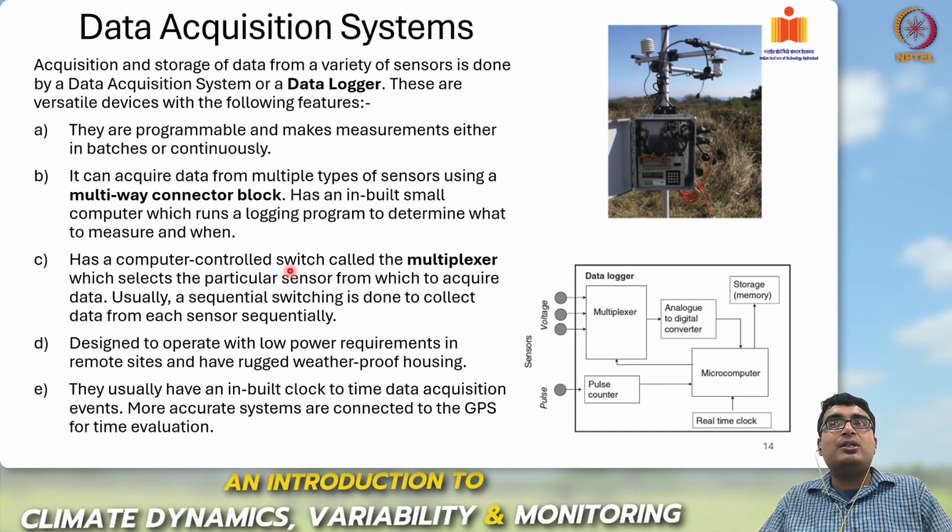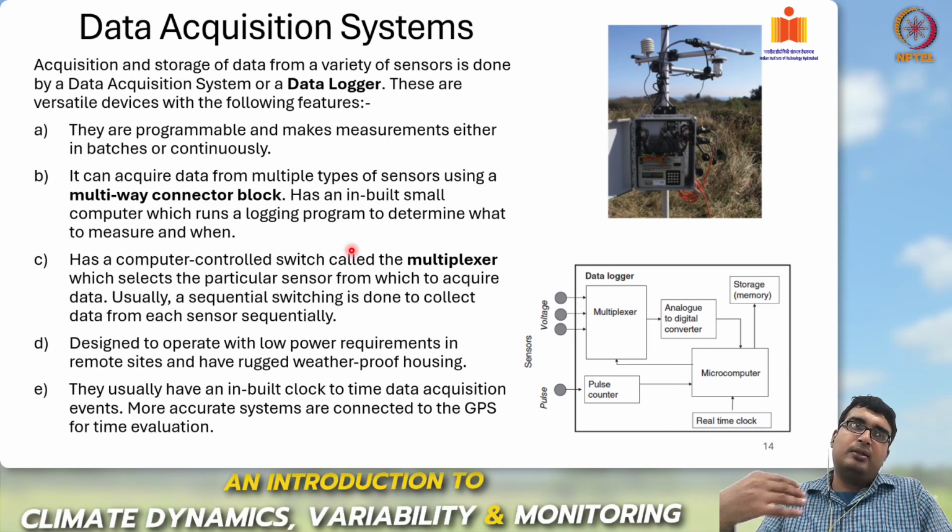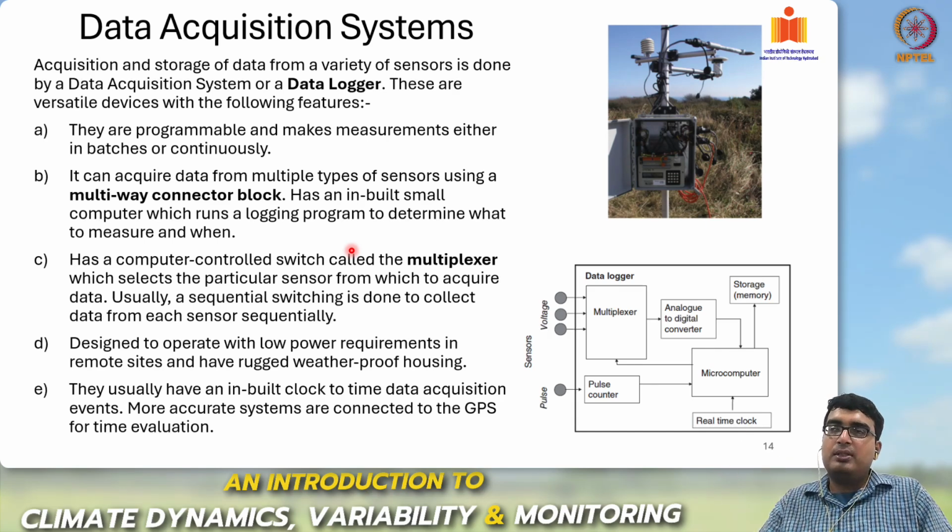Usually sequential switching is done to collect data from each sensor. So you collect data first from, say, the pressure sensor, take say 50-60 rapid pressure measurements, then go to the temperature section, take 100 temperature measurements, then go to the wind speed section and get 100 wind speed measurements, again switch back. So you have a rapid fire sequential process of switching on and off from different sensors. This is done by the computer controlled switch called the multiplexer.